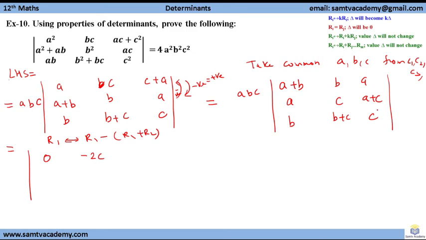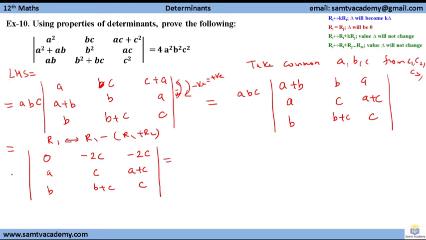Similarly, A plus 2C minus A, that is minus 2C. Now similarly, the last two rows will be written as it is: A, C, A plus C, and B, B plus C, and C. Now you can take 2 common from here.